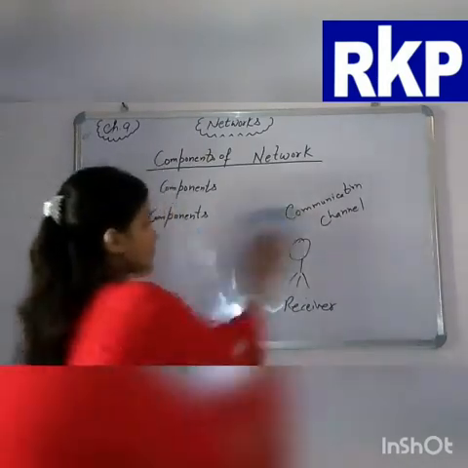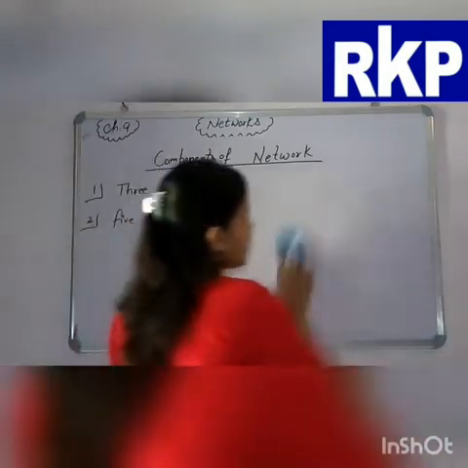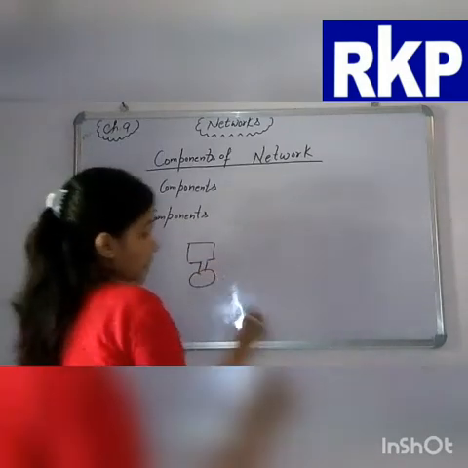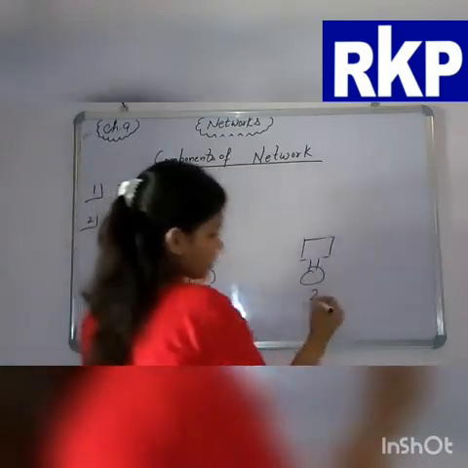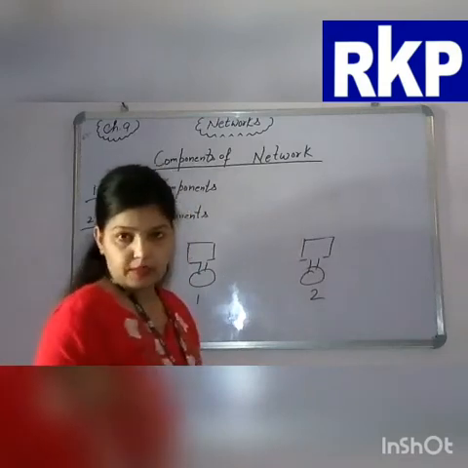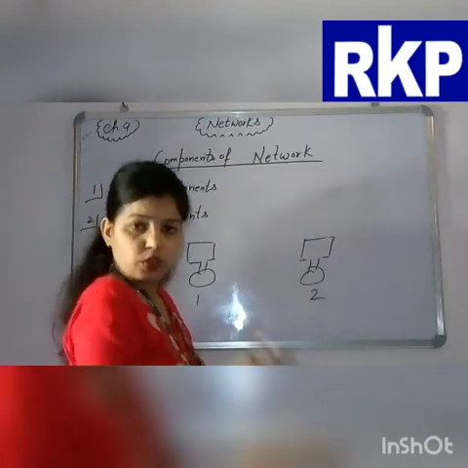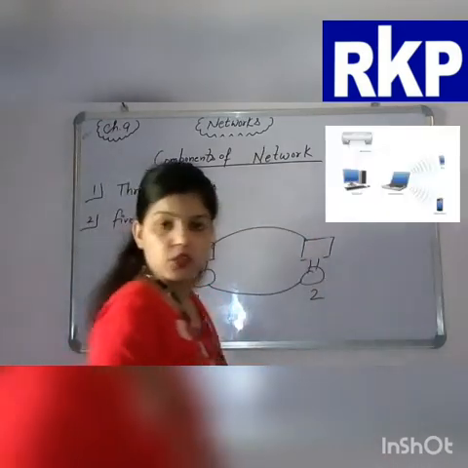Now take the example of computer, because we are doing computer. Here one computer is present, one more computer is present here, computer 1, computer 2, and you are sending data or sharing data or information. In a network you are doing the same thing. So you have to connect your computers to each other.